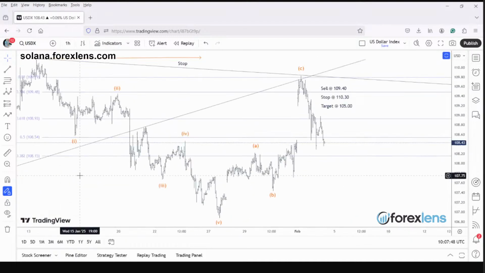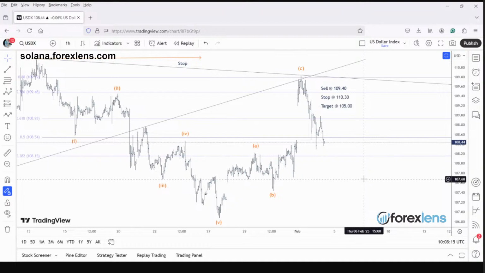I will flip the chart to an hourly. The smaller degree of 5 down and 3 up. And again on the right hand side, it's one lesser degree 5 down and potential 3 wave up in the making. So the point that we are trying to make here is this basic structure of 5 and 3 can be seen on every different time frame.